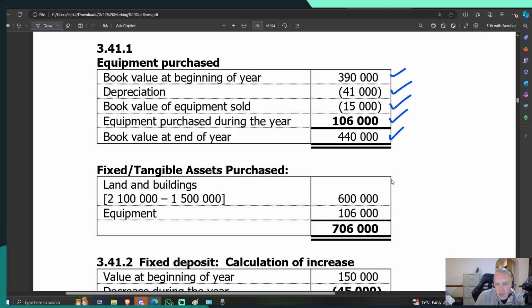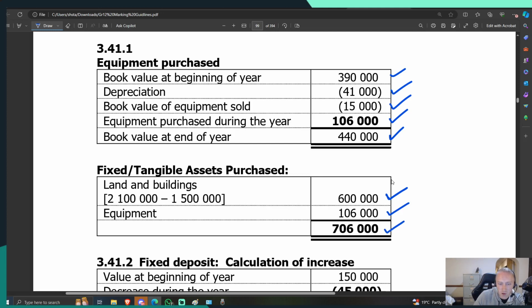In the land and buildings section, we've got 2,100,000 minus 1,500,000. We purchased 600,000 during the year. We worked that one out already. If you add together the land and buildings amount that we purchased and the equipment that we purchased, we have 706,000 Rand of new assets purchased.